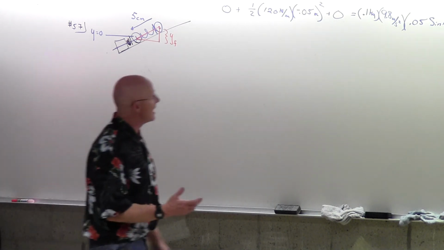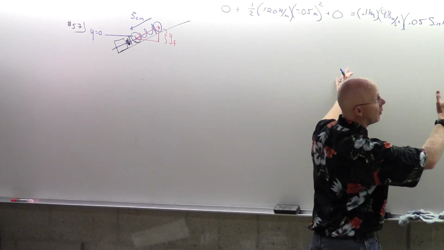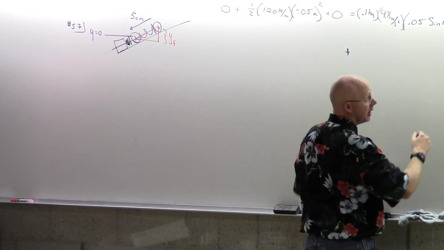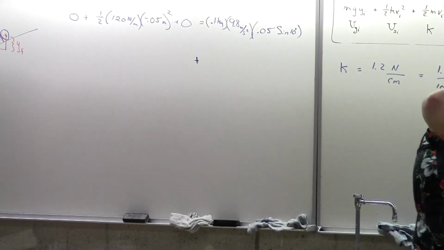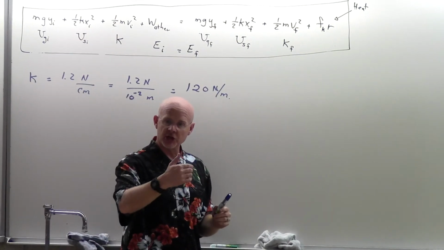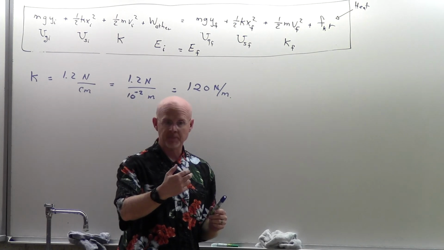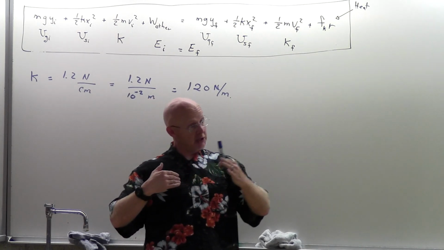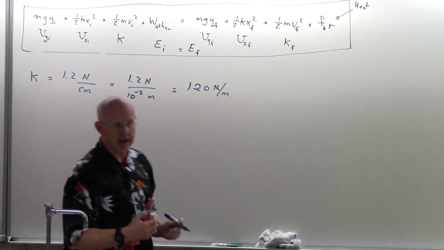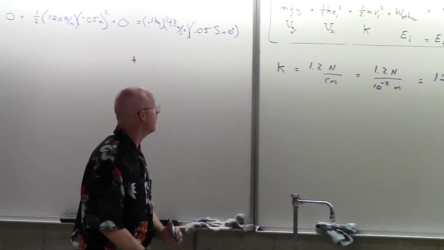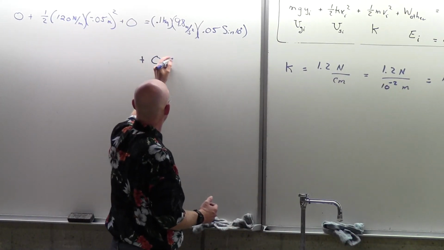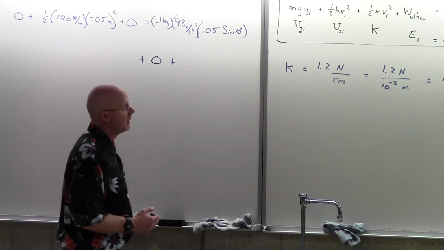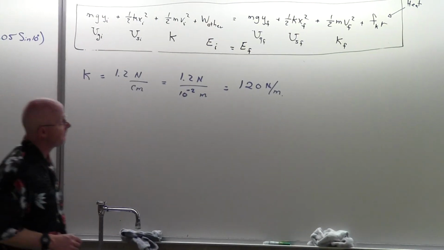Let me go on to the next term. I'm kind of out of room on the board here, so let me just put it underneath. This would be the spring. What's the final position of the spring? Yeah, it stretches back out until it gets to its natural length. So I'm going to put a 0 there. Next term.